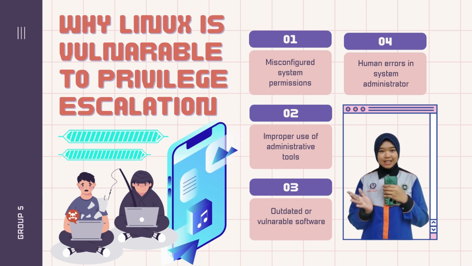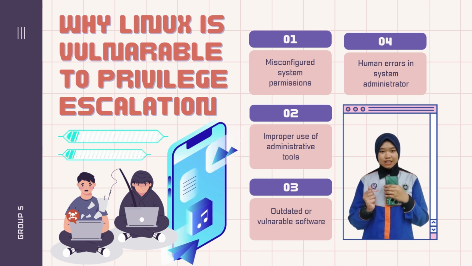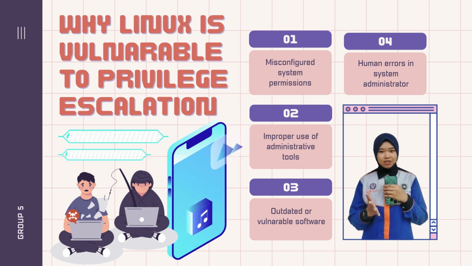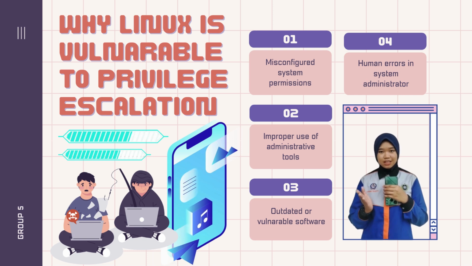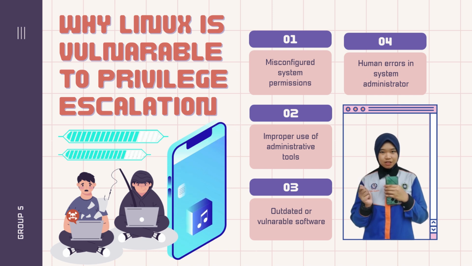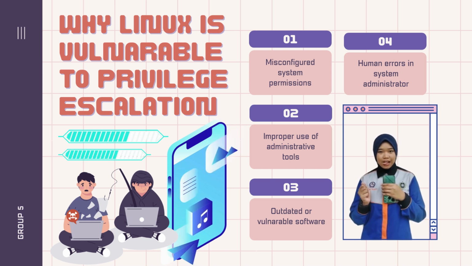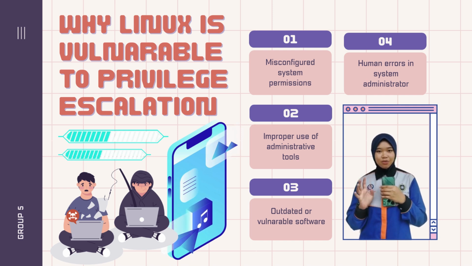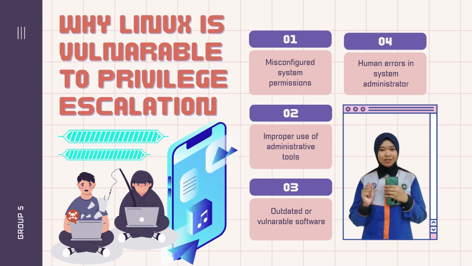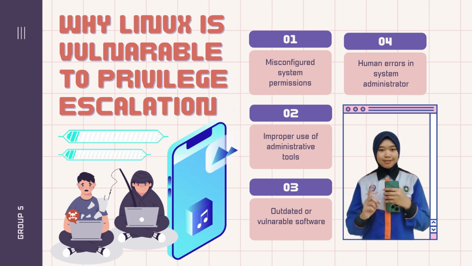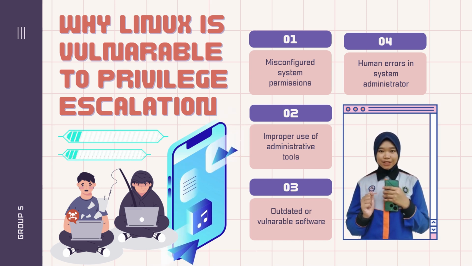First, let us understand what privilege escalation is. Privilege escalation occurs when a normal user is able to gain higher-level access, such as administrative or root privileges, without proper authorization. There are four main reasons why Linux systems are vulnerable to privilege escalation. First, misconfigured system permissions.